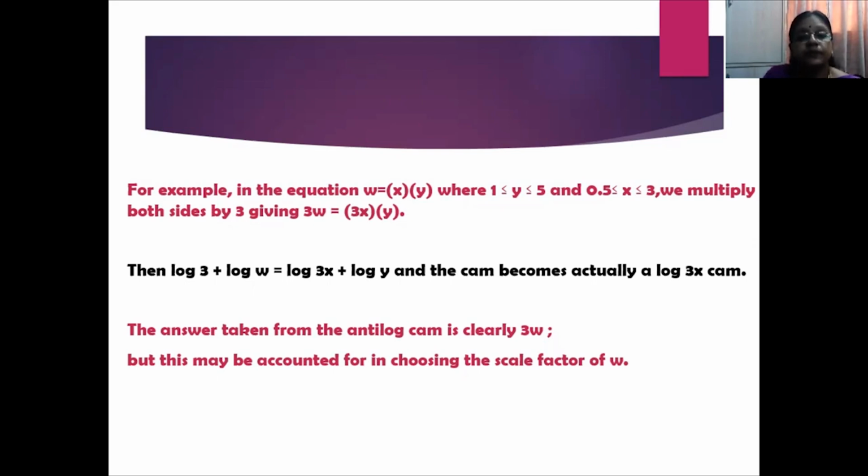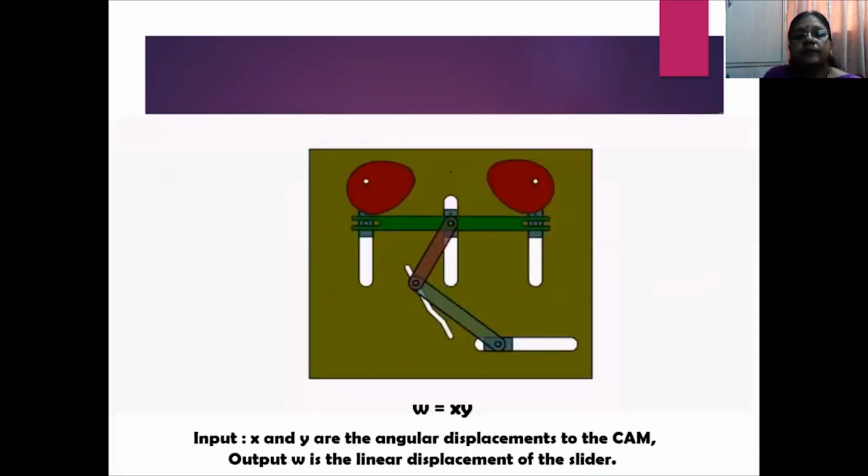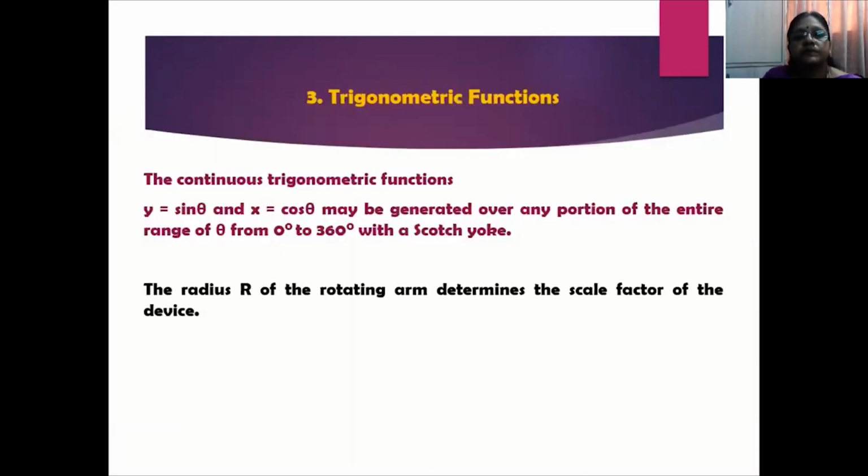So you get 3W equal to 3X into Y. If I take logarithm on both sides, then it becomes log 3 plus log W equal to log 3X plus log Y, and the cam actually becomes a log 3X cam. The answer taken from the anti-log cam is clearly 3W, but this may be accounted for in choosing the scale factor of W. So that's how you can handle this particular mechanism for multiplication of two variables.